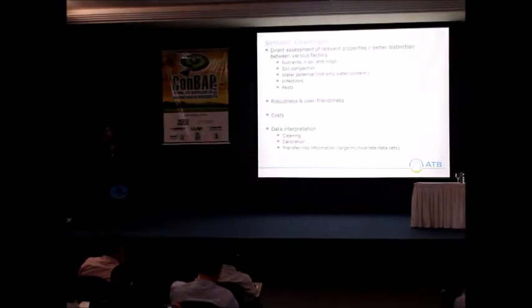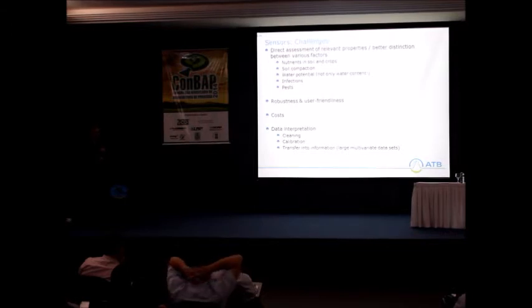So coming to conclusions. The challenge is that we need to identify the properties of interest directly. And there's still a big problem for our sensors. Most of them only have indirect relationship.